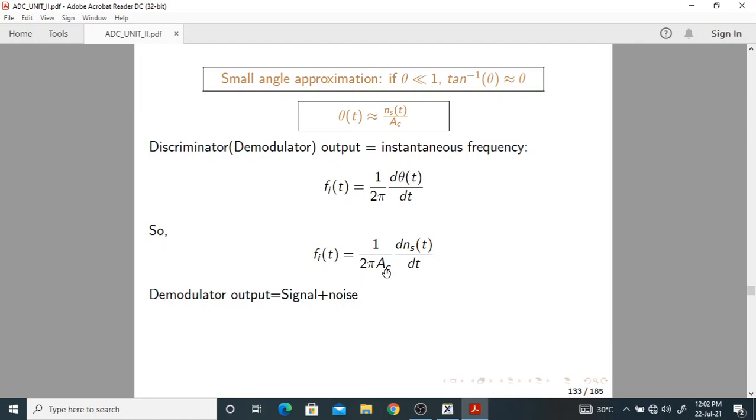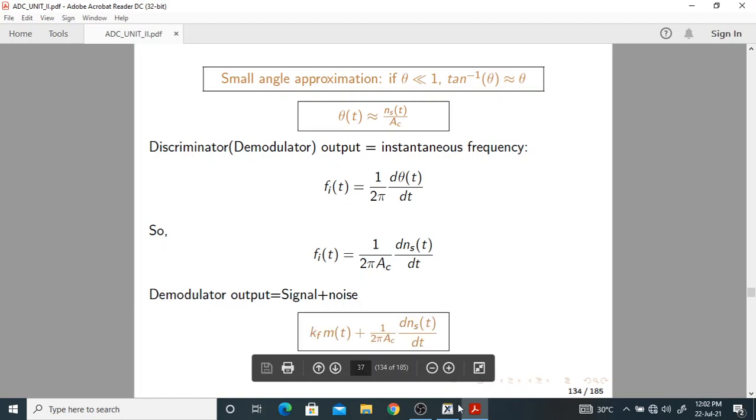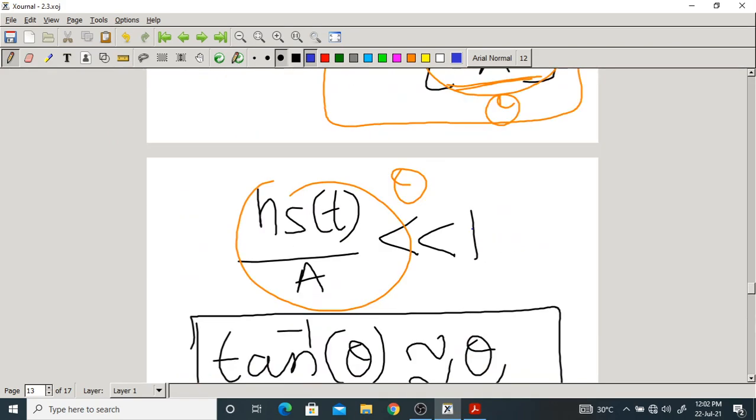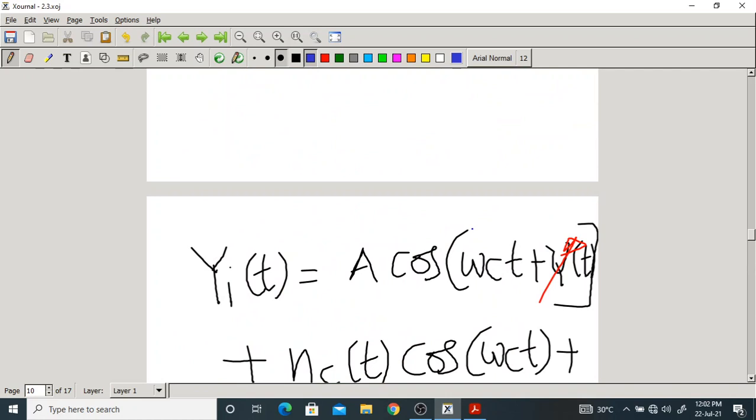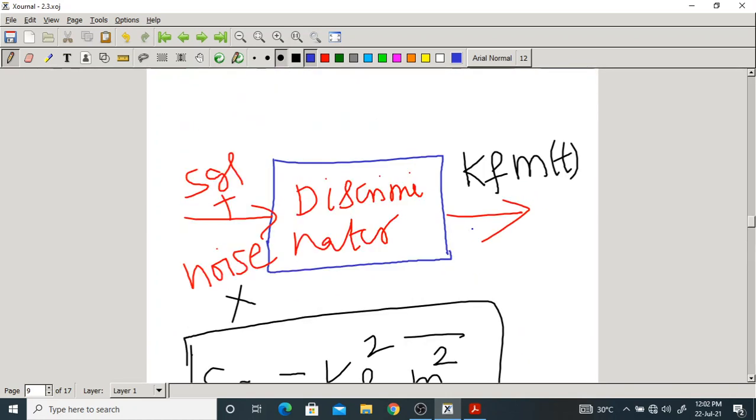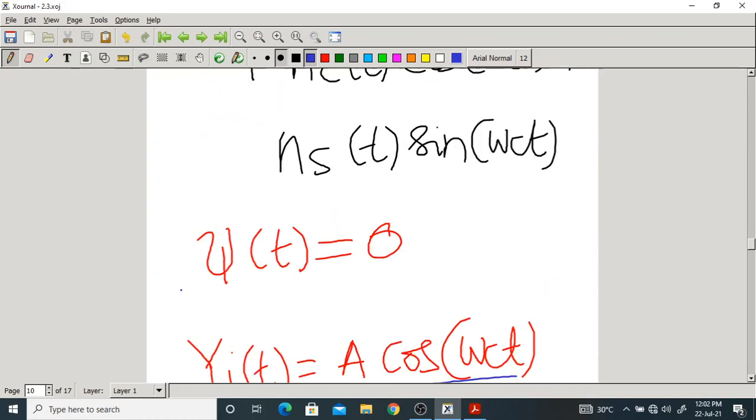So the output of the discriminator is a combination of message component as well as noise component. So what is the message component? Message part. What do you get? Kf m of t. This is the output of the demodulator when there is no noise. Next is the reverse.